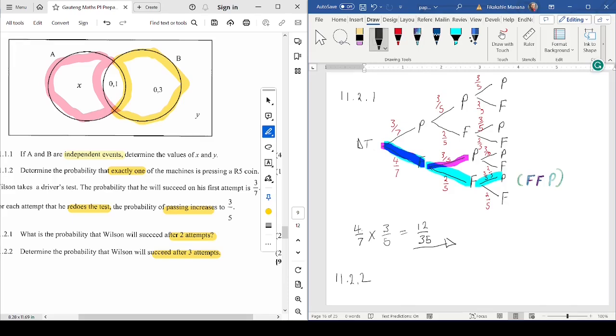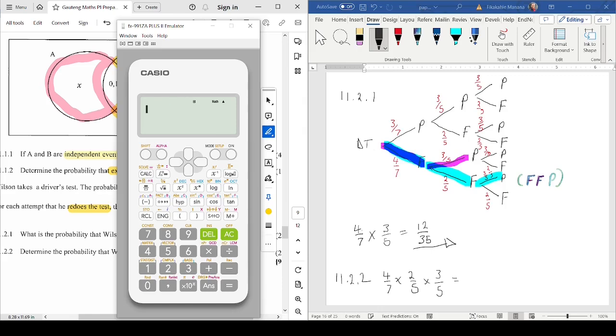Just follow the tree. First attempt, he fails, so that's 4 over 7 times. Second attempt, he fails again, so that's 2 over 5. And then the last attempt, he passes, so that's 3 over 5. Multiply those. Let's get a calculator.